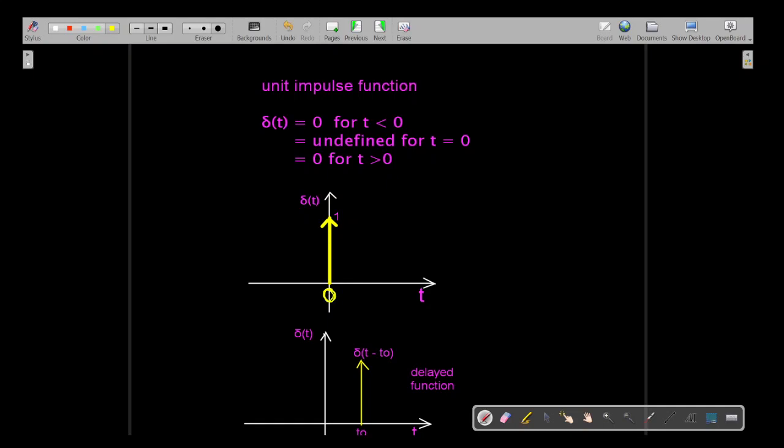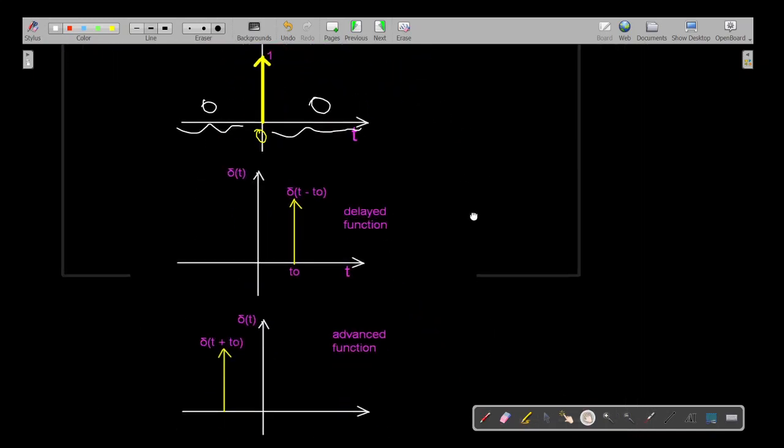If it is a unit impulse, we represent it with magnitude 1, unit magnitude. So this occurs only at this time. Earlier to this it is 0, and after this it is also 0. That is why it is represented mathematically like this.